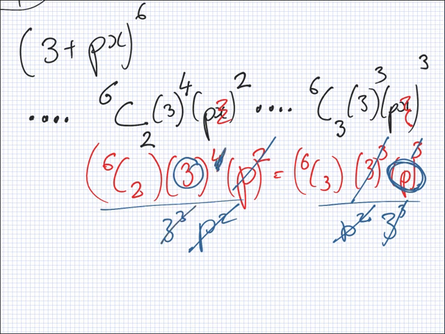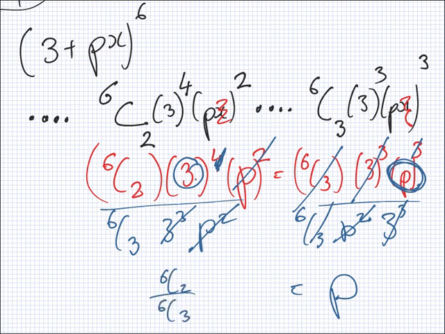So remember, I'm looking for p. What's the last thing to divide by? 6C3 and 6C3. So here, cancel, cancel. So what's left on the right? Only p. And what do I have on the left? I have 6C2 over 6C3, and I also have a 3 on the top still. So I multiply this by 3, and that's the p, which, as I said, was 9 over 4.